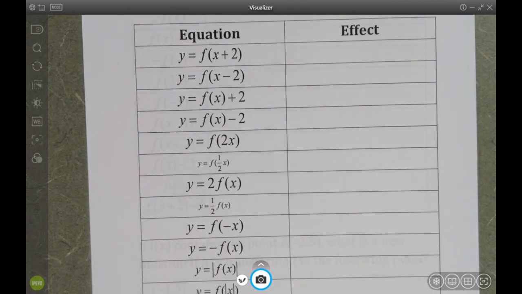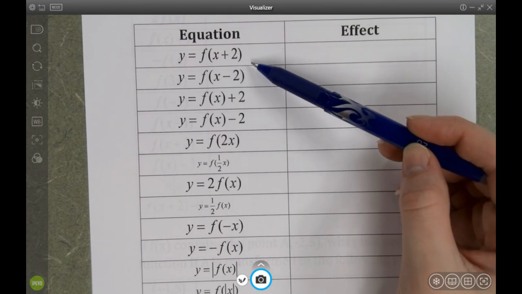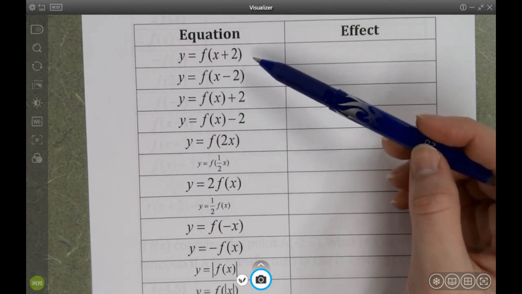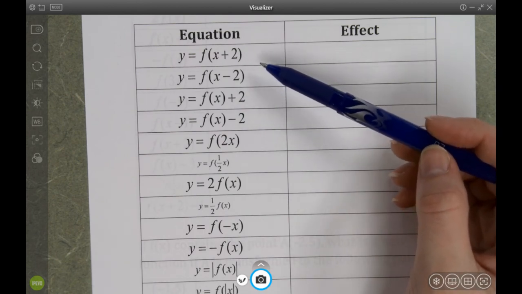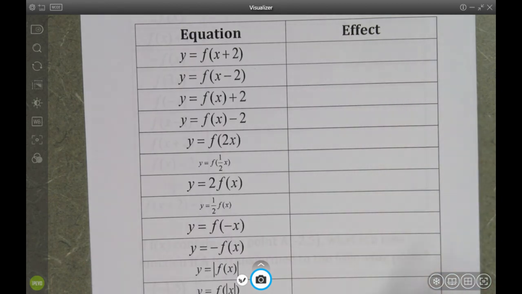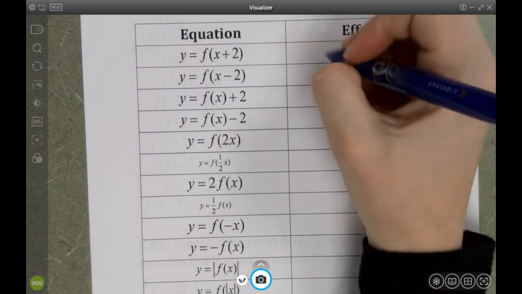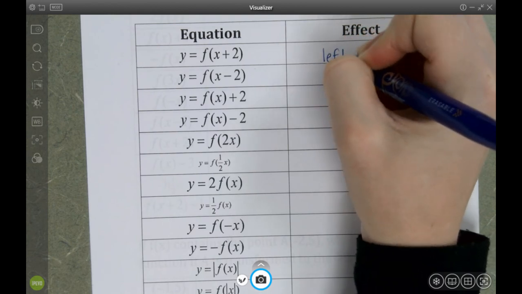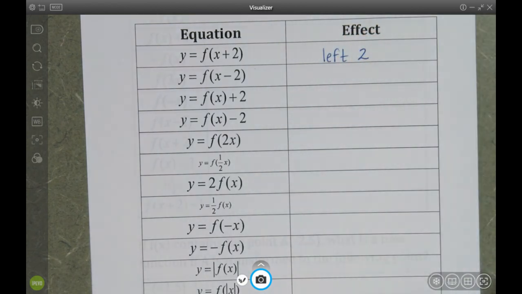Okay. So we're going to start with the ones we just did. Whenever we added 2 on the inside, what happened? Flip back and look. When we added 2 on the inside, it went to the left 2. Whenever we subtracted 2 on the inside, what happened?